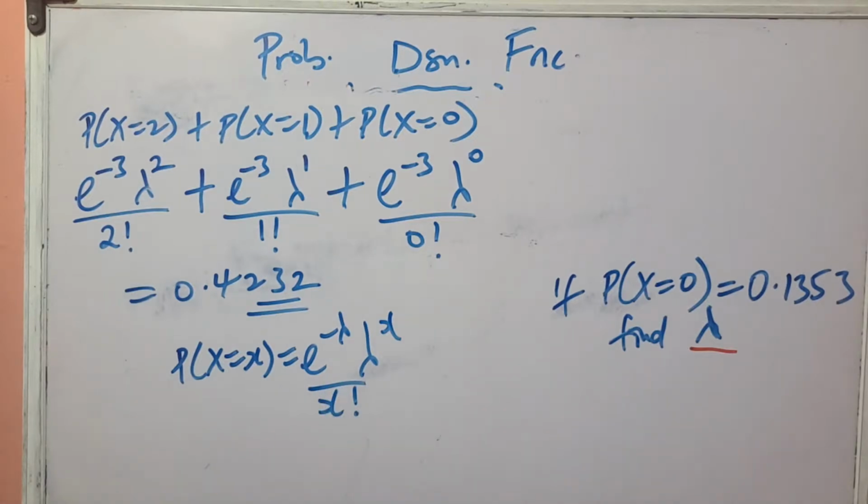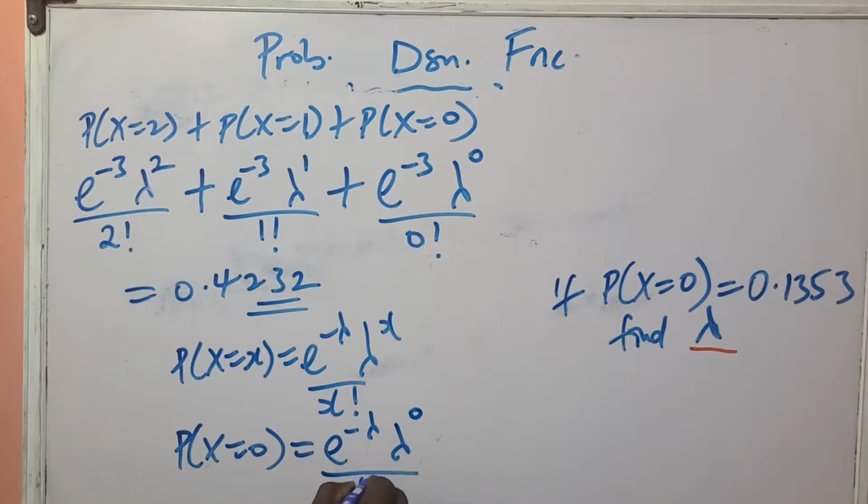Now, they are telling you that the probability of x equals 0, which means if you put it in, e raised to power minus lambda, lambda raised to power 0, over 0 factorial. The only thing is that you don't know your lambda, but they told you that this equals 0.1353. They gave you the answer for the probability, but they didn't give you your lambda. So you are going from the known to the unknown.